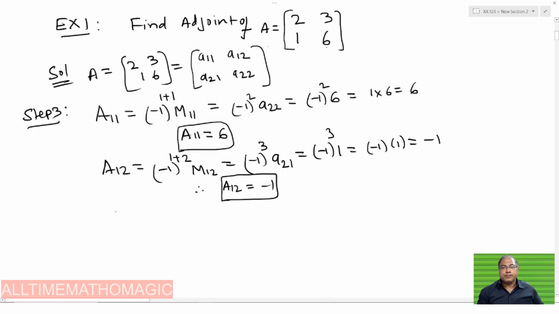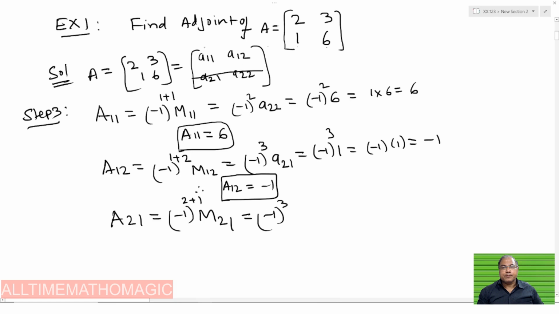After that, cofactor A21 equals minus 1 raised to 2 plus 1 multiplied by minor M21, which is minus 1 raised to 3. How to find out minor M21? You have to delete the row and column in which A21 is present.